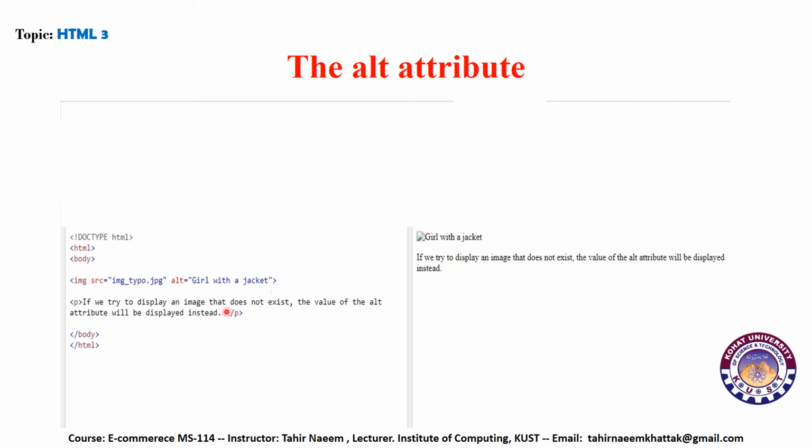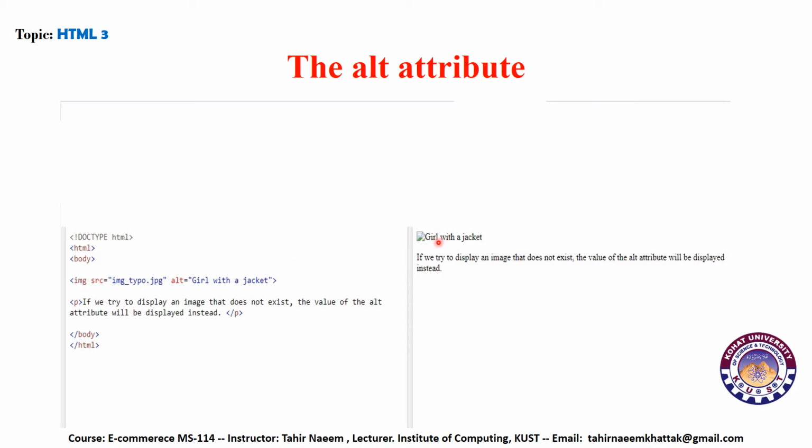So whenever we want to display it in a browser, if the browser doesn't support this image, then the alternative text will be displayed. Here if the browser doesn't support the picture I have given here, image.typo.jpg, or it is not present, or we have deleted it, or any issue arises, then the alternative text will be displayed.